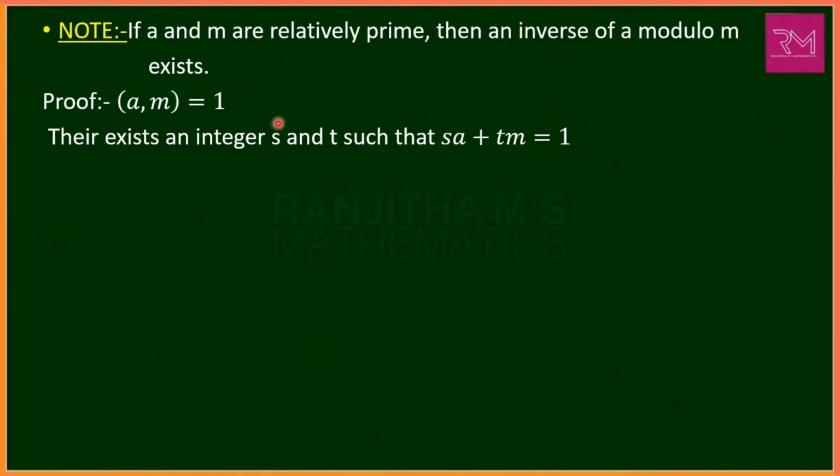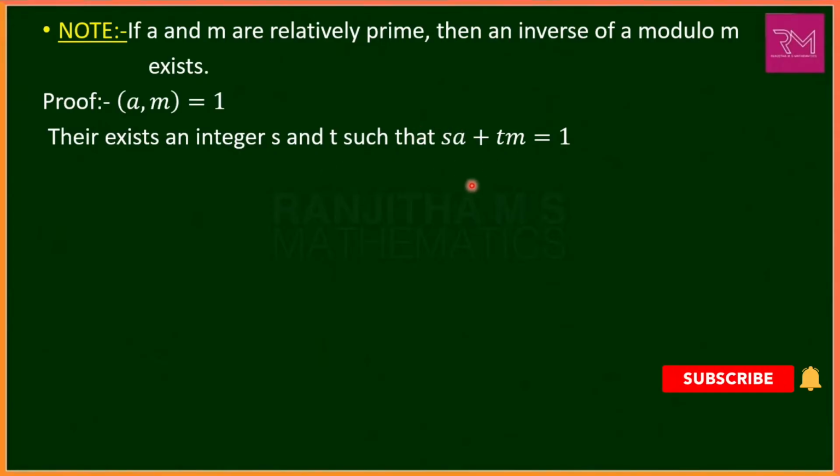Then we take integers s and t such that sa plus tm is equal to 1. We obtain this value with the help of the Euclidean algorithm. We already discussed in the previous videos how to find the GCD with the Euclidean algorithm method.